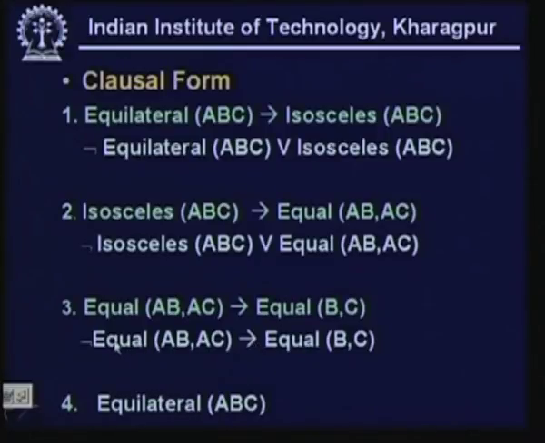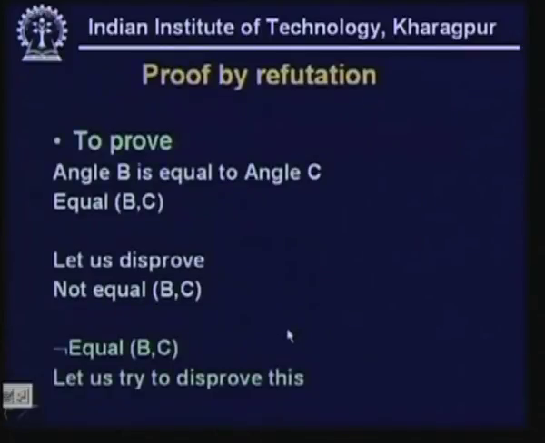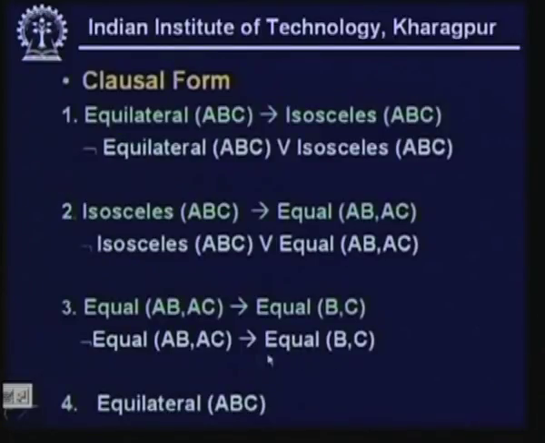It should be not equal AB AC or equal BC. Here this implication sign should be changed with an or. And the fourth one was originally in the clausal form, so I need not do anything.